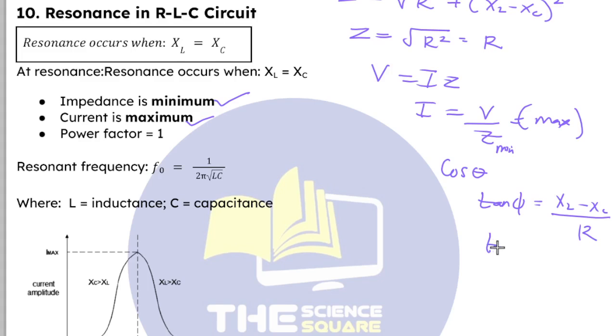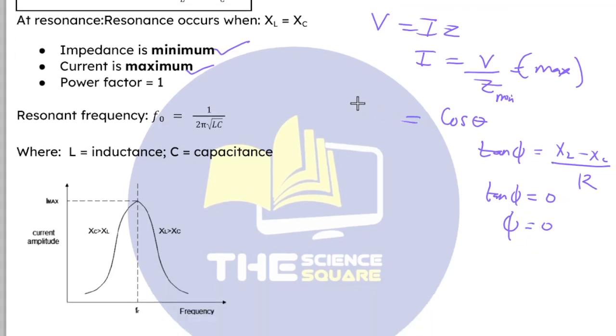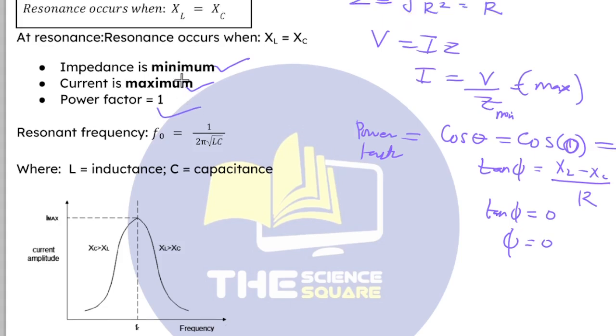Then you get your tan theta or tan phi to be 0. So your phi will also be 0. If your phi is 0, then our power factor, cos theta or cos phi, is cos 0, and if you do cos 0, you're going to get 1. So the power factor at resonance is 1, the current is maximum, and the impedance is minimum.